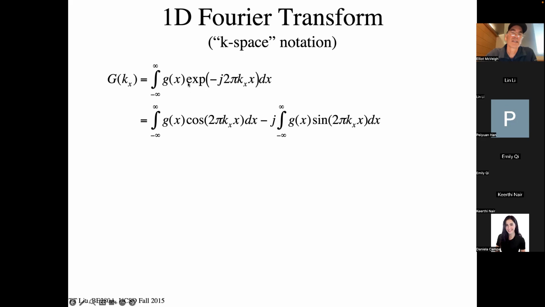So here we're going to do this Fourier transform in 1D. Here's our function g of x, multiply it by e to the minus j 2 pi kx x, and we're going to integrate over all x to get that done, right?